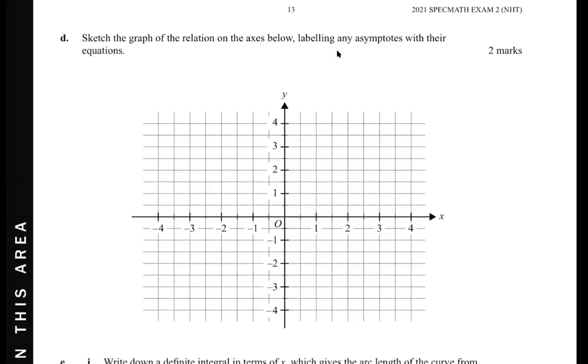To sketch that curve, you must make sure your sketch is accurate. That is your first thing you're going to draw. x equals 1, vertical asymptote. Another one, y equals 1. y equals 1, that is your horizontal asymptote.